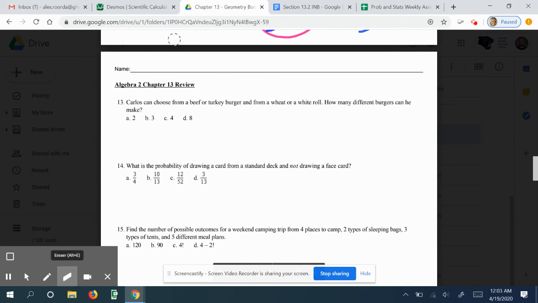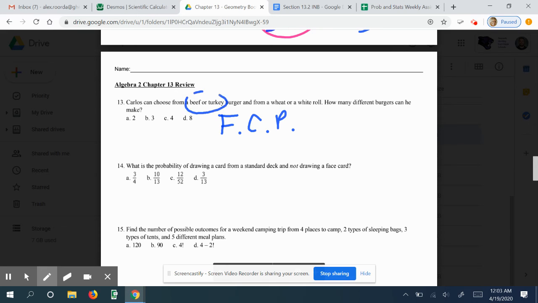Number 13. Carlos can choose from a beef or turkey burger and from a wheat or white roll. How many different burgers can he make? This is the fundamental counting principle. The name doesn't really matter, but what it does. There are 2 options for the type of burger and 2 options for the bun. So we take 2 times 2, and there are 4 different options.